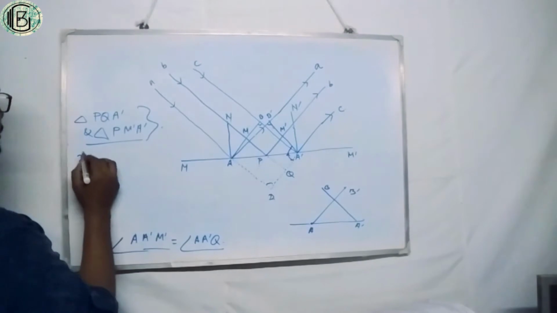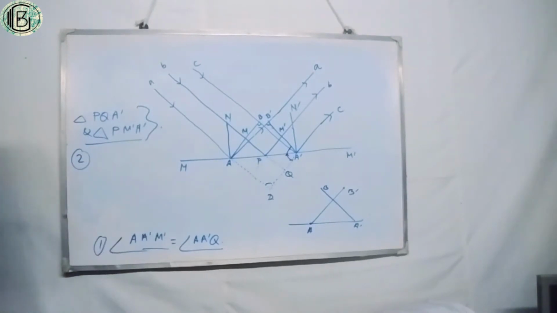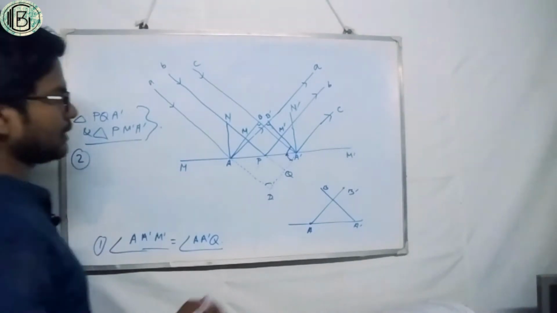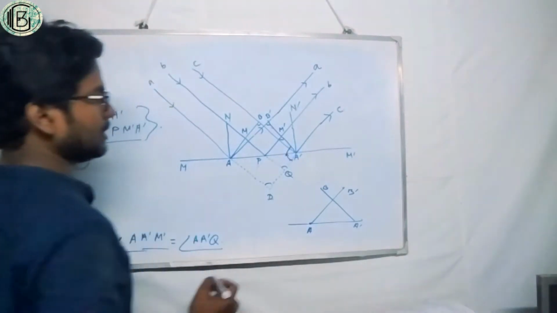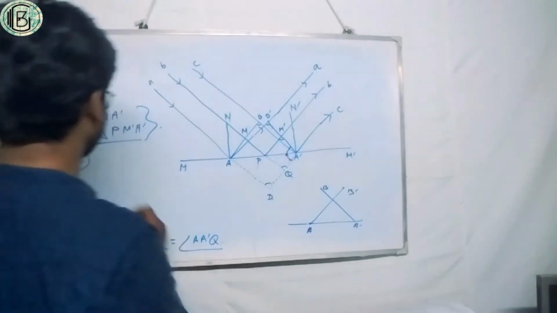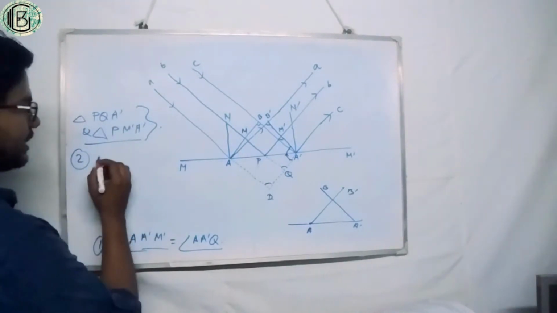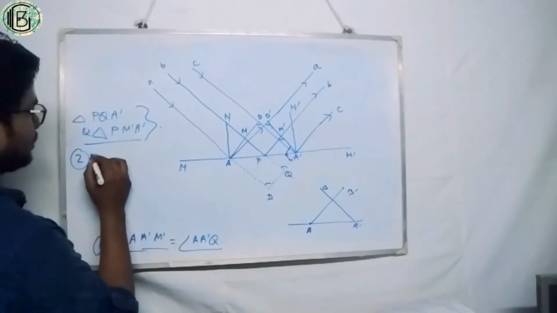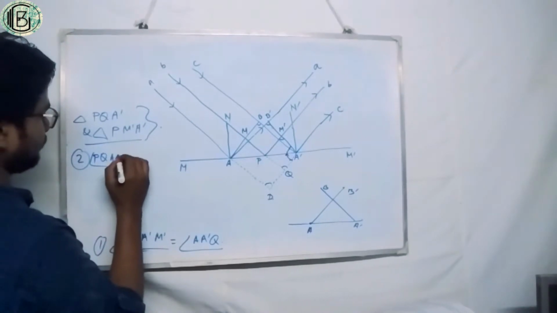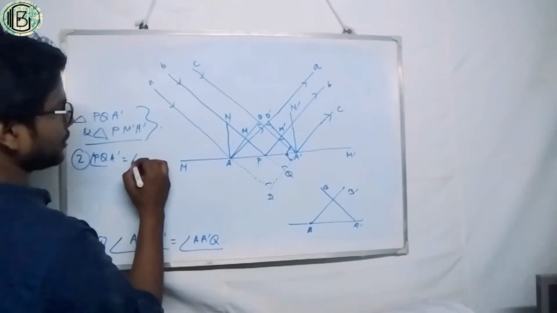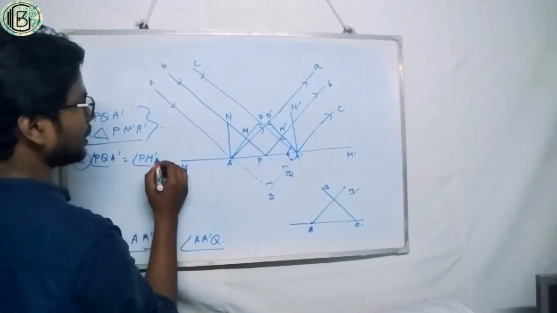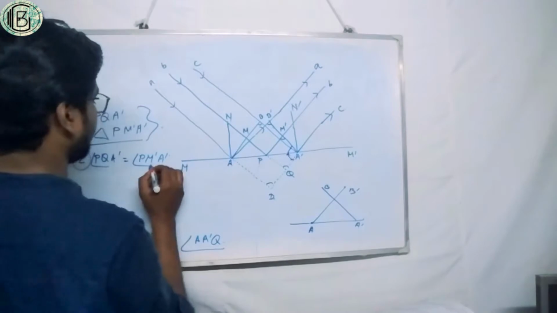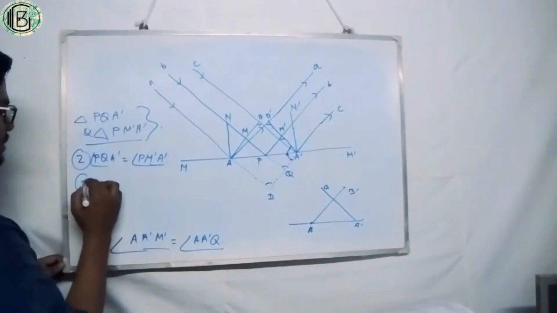Now what is our second step? Our second step is to compare another angle. These angles are also equal because they are 90 degrees. We will write this as angle PQA prime equal to angle PM prime A prime.